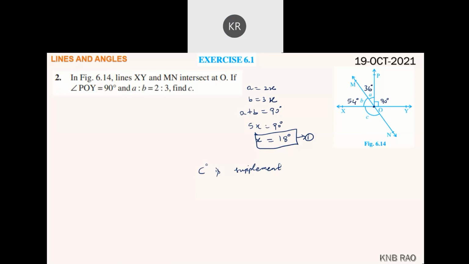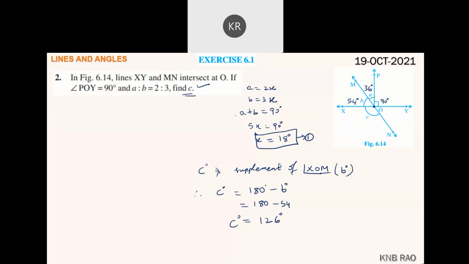Thus, angle C is the supplement of angle XOM, 54 degrees, that is angle B. Thus, angle C is 180 minus angle B, which is 180 minus 54. It is nothing but 126 degrees, which is angle C. So you can find it that way. Understood?